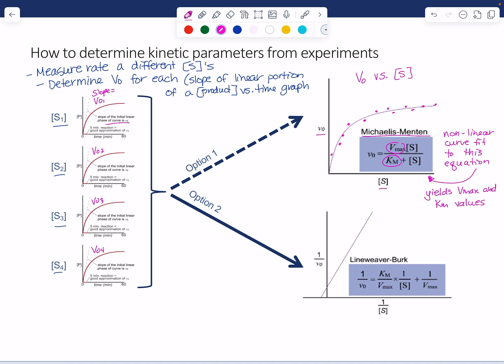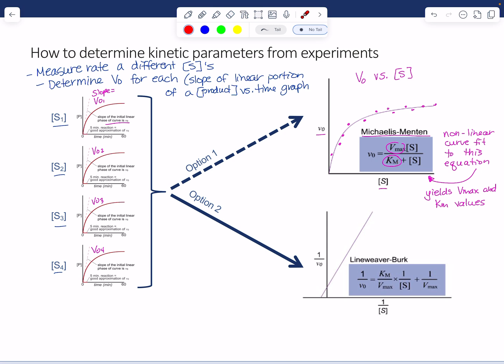If you have a pH value that's bad in terms of the protonation state of a catalytic residue, that will slow down your Vmax, because all of a sudden the enzyme, that Kcat, is not as good. You don't have as many of those side chains in the correct protonation state, so it slows things down.